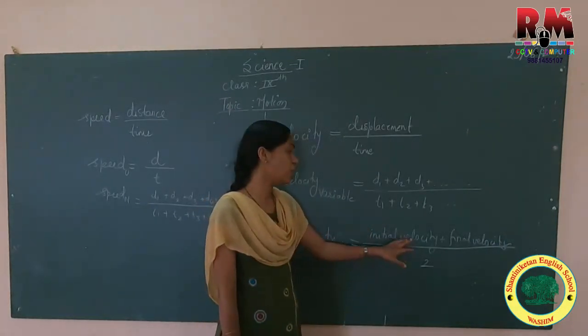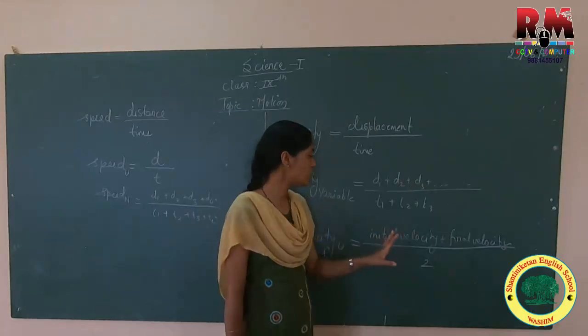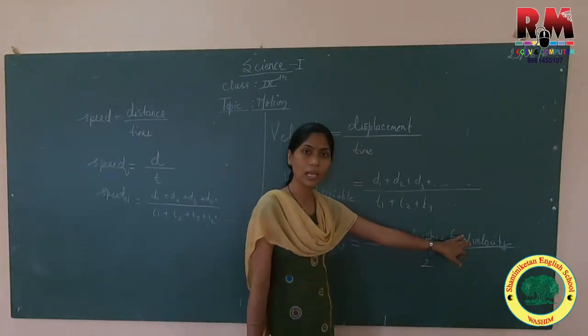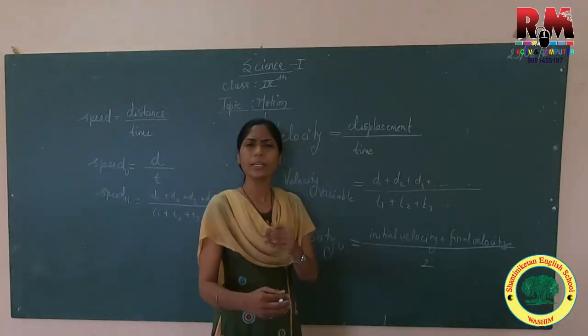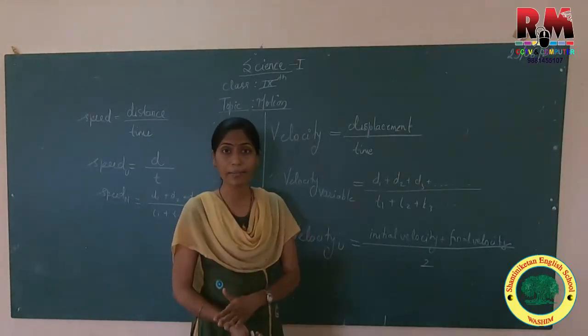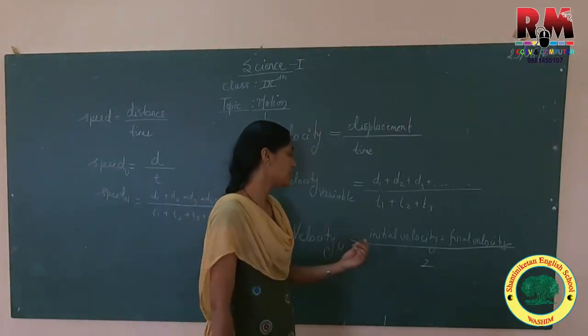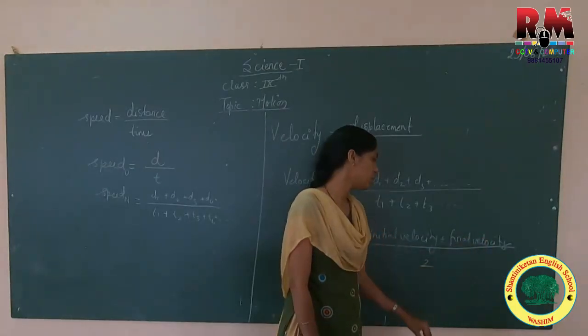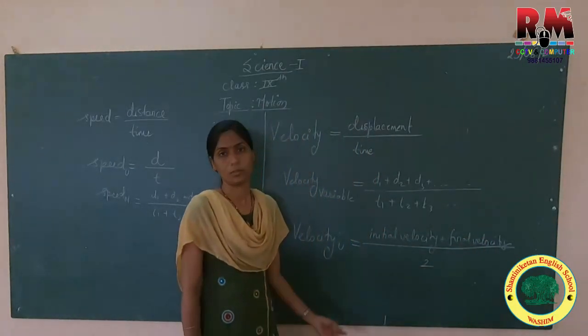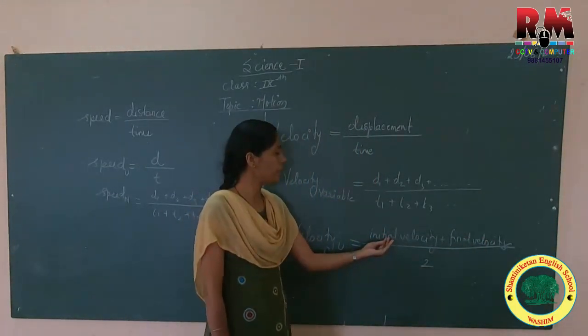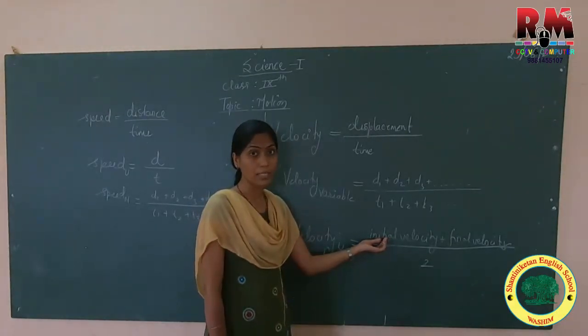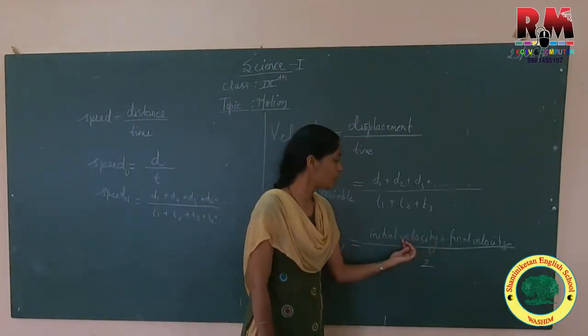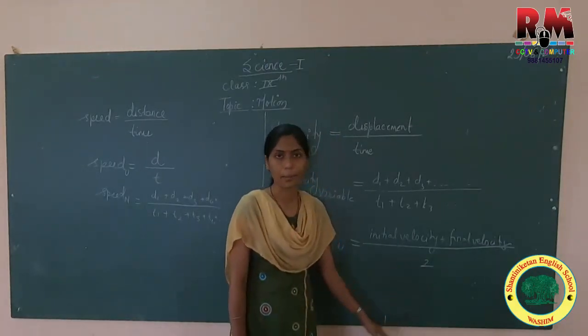If initial velocity and final velocity are given, just take initial velocity, final velocity and divide by 2. This is the way we find average. These are two velocities, hence divided by 2.